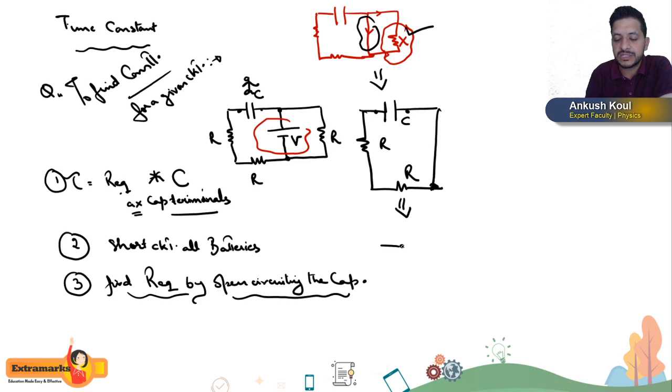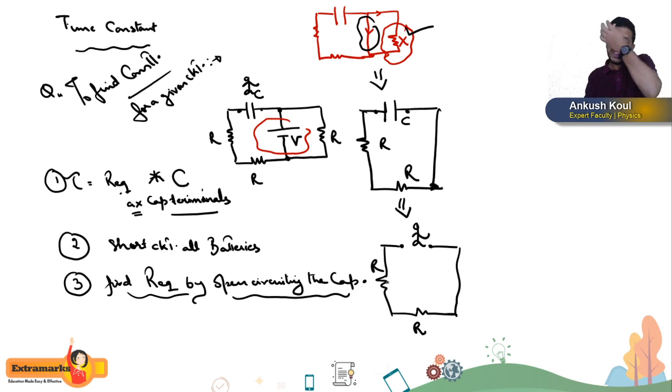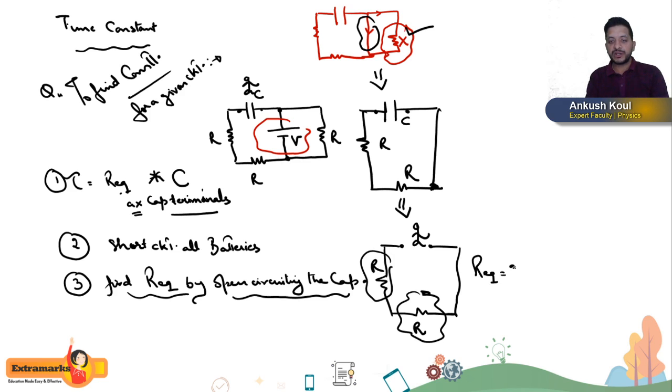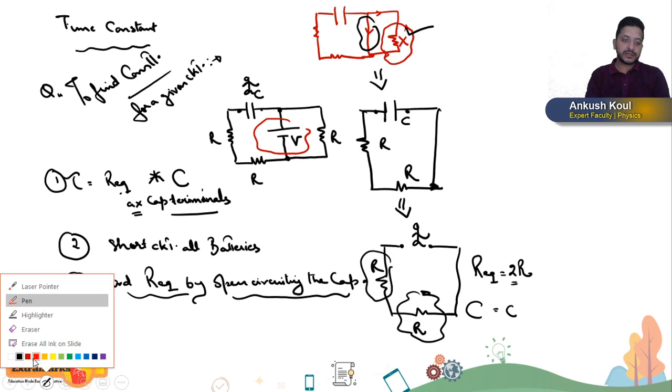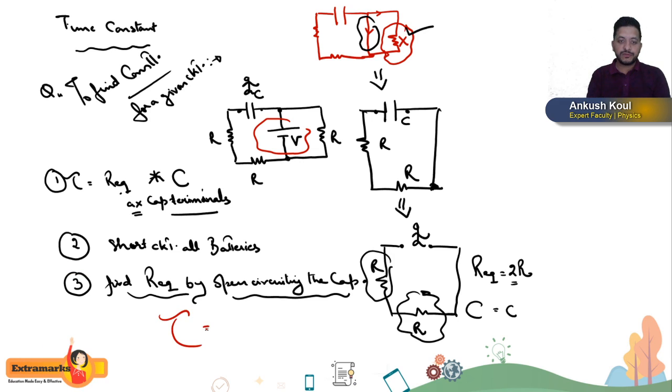I will just show this capacitor by two terminals, and then I have this R, and this R. This is one R, this is another R, and then I will sit on this capacitor and see what is the R equivalent. Now for me, these two resistors are connected in series. So my R equivalent here is 2R. And the value of C was C. So my answer for the time constant of this circuit is 2R into C.